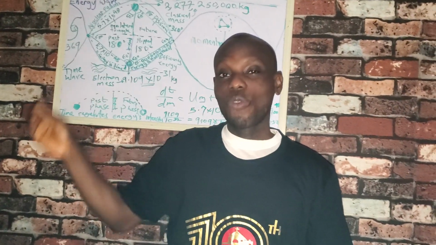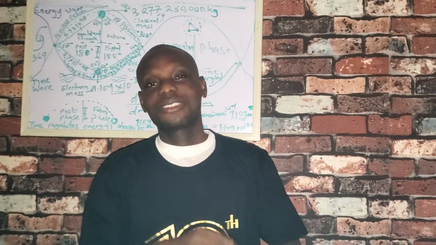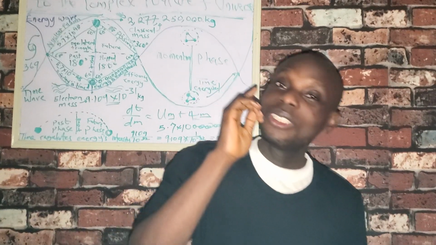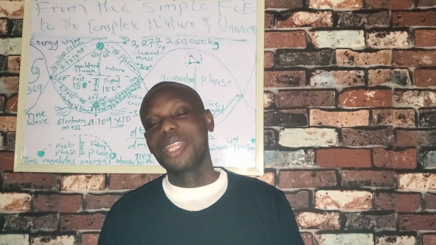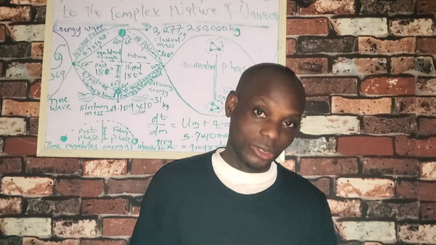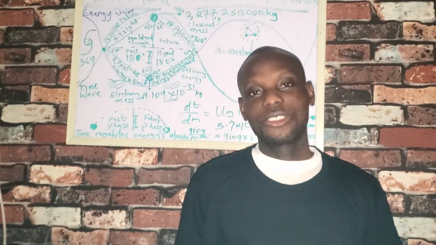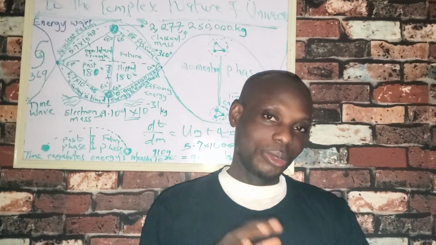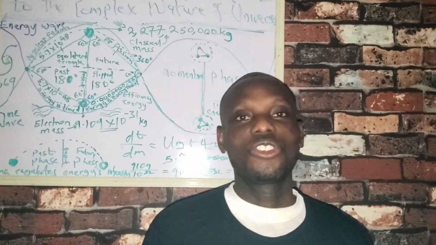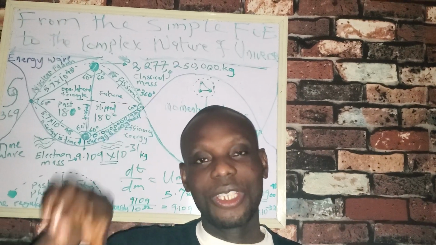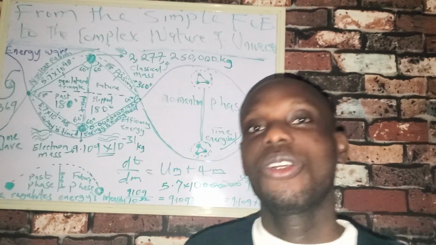And FoE, which is formula of everything, has really solved that. It has even solved the black hole information paradox, and we're going to look into that too in this video, but it's going to be brief, so I'm going to have a separate video on that to shed more light on that.